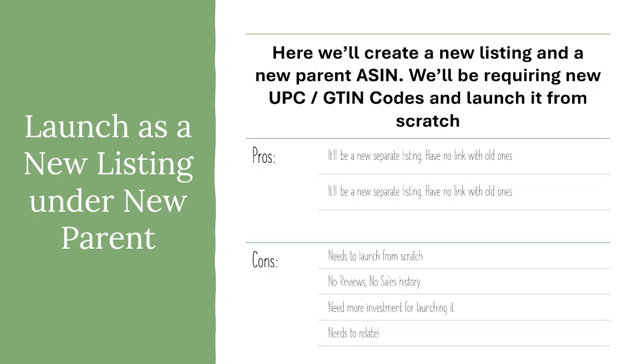The positive thing is that it will be a new ASIN, and if you are also selling the old variation, it will be a separate listing with more real estate. But the bad part is that we need to launch it from scratch, with no reviews and no sales history, so you will need more investment, and of course it needs to be rebuilt.